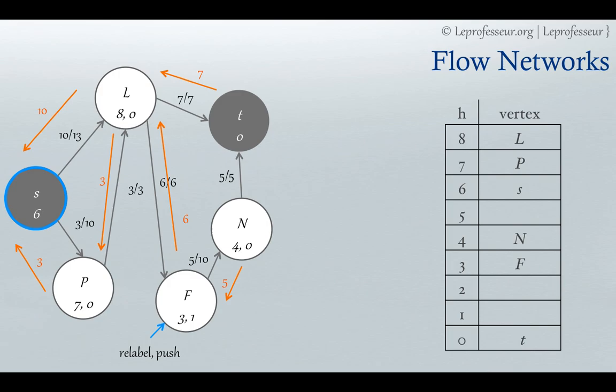So we increase the height of F, or make F the boss, and the boss sends the extra bag to N. N says, no, I cannot keep it. We do the same operation, relabel and push. Now F says, no more, I don't have any more capacity left, and I cannot store, I'm the boss now. So increase its height and send it back, relabel and push.